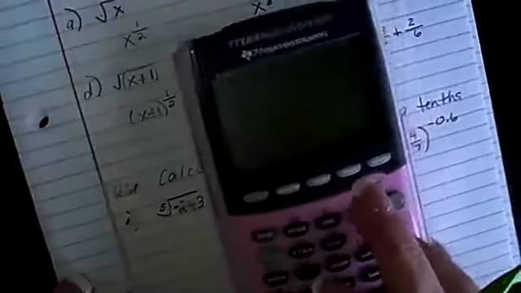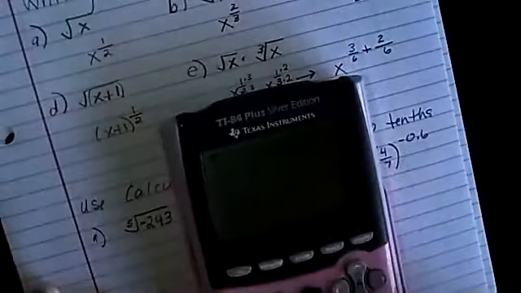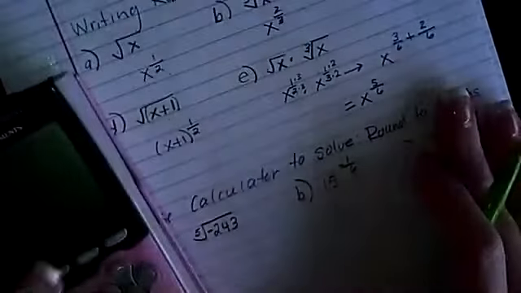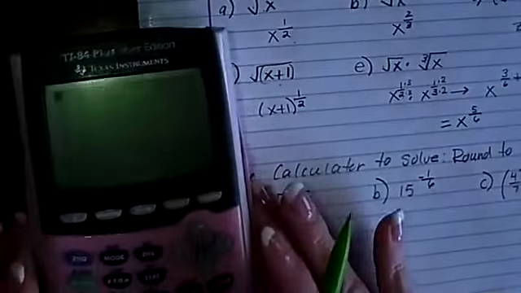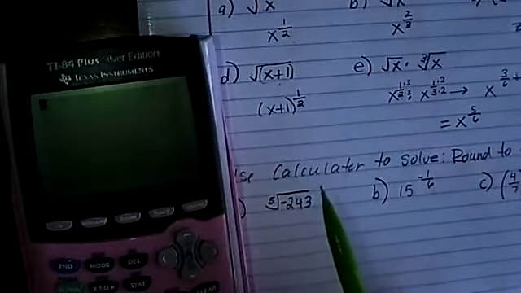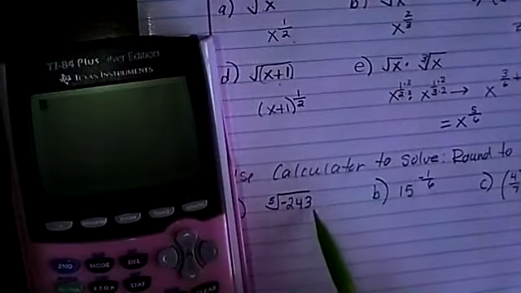So here, let's do this first one. I can fit these both on here. I think it's easier to put it on this side. All right, so we want to do the fifth root of negative 243.